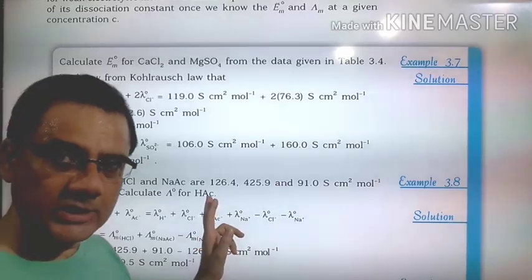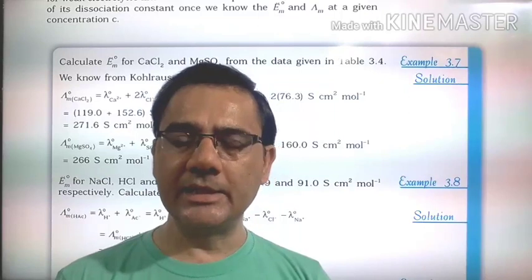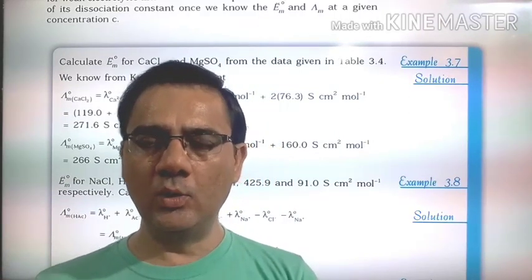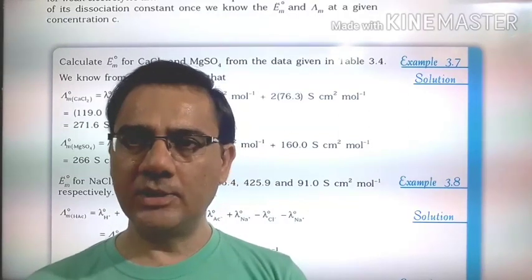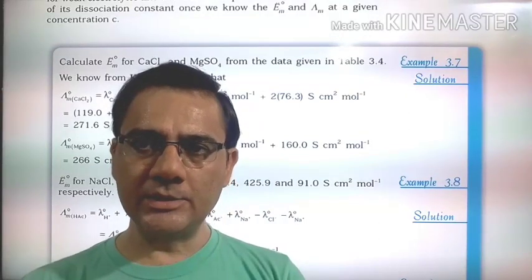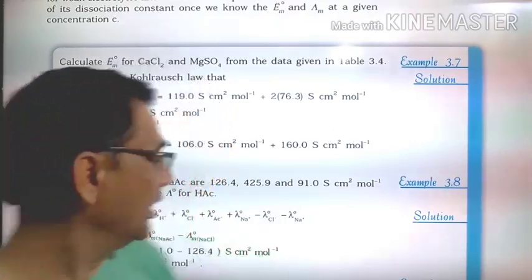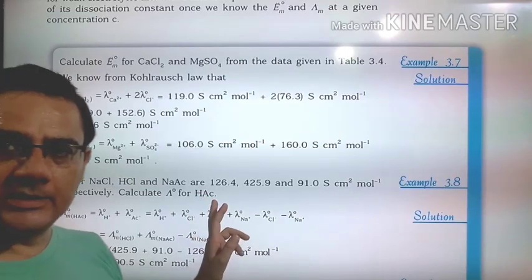And what is the meaning of HAc? H will remain as it is, और Ac means एसिटिक एसिड का पार्ट होता है, इसमें CH3COO को कहते हैं Ac, और उसके आगे H होता है तो AcH मीन्स एसिटिक एसिड. Again I am telling you, Ac means CH3COO और H तो AcH. So we need to calculate the limiting molar conductivity of HAc, that is acetic acid.